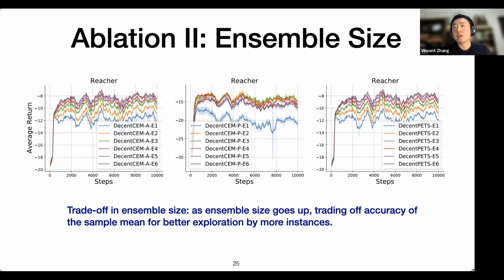But one thing we do observe is that in the majority of the environments we tested, it is better to have at least more than 1 instance. So that's reassuring for taking this ensemble approach.